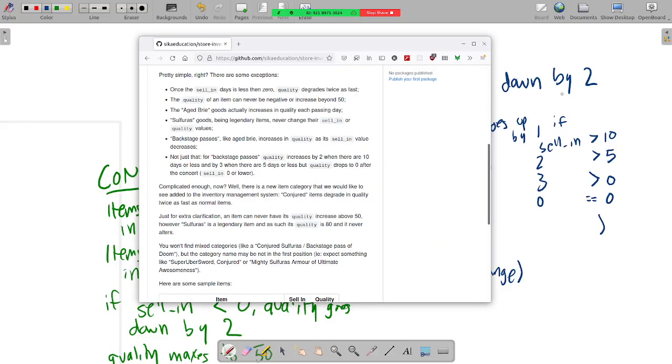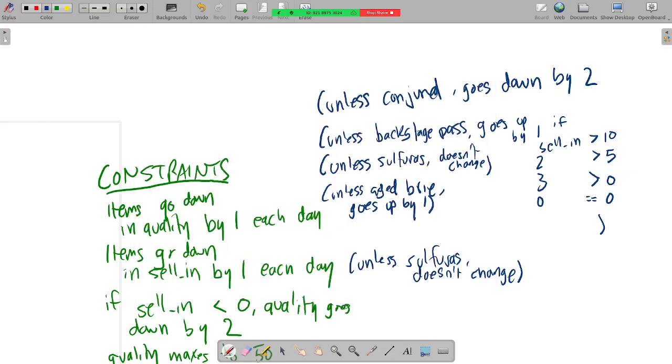Okay, extra clarification. An item can never have its quality increase above 50. Got it. Sulfurous is a legendary item, so its quality is always 80 and never changes.